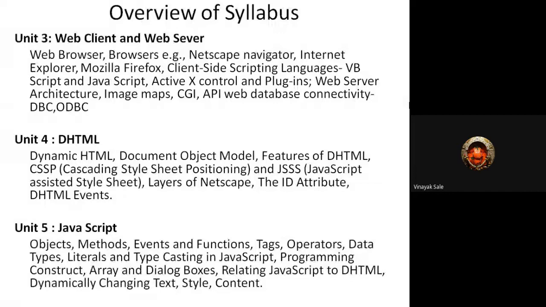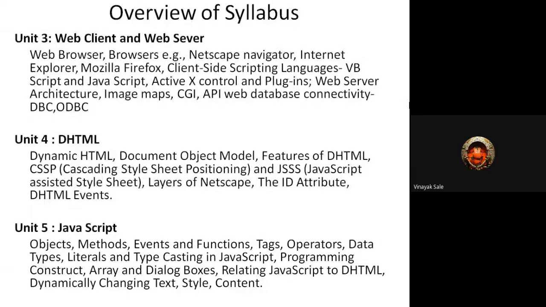Then in Unit 4, DHTML, that is dynamic HTML, document object model, features of DHTML, then CSSP, that is cascading style sheet positioning, and JSS, JavaScript assigned style sheet, layers of Netscape, the ID attribute, DHTML events.